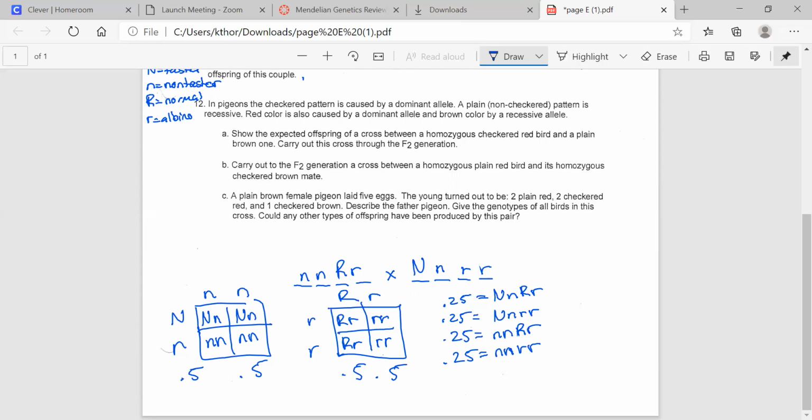So 25% chance that they will be a taster with normal pigment, 25% chance they'll be a taster and albino, 25% chance they'll be a non-taster with normal pigment, and a 25% chance that they'll be a non-taster and albino. That is for number 11.